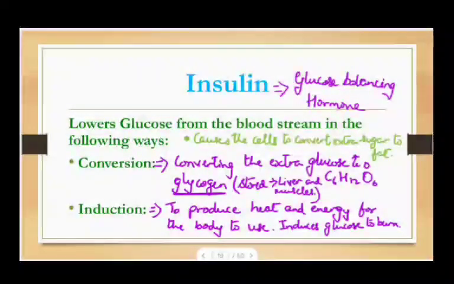And then there's this third thing, which says cause the cells to convert extra sugar. Okay, these are the scenarios if insulin is in optimum amount, in the right quantity.